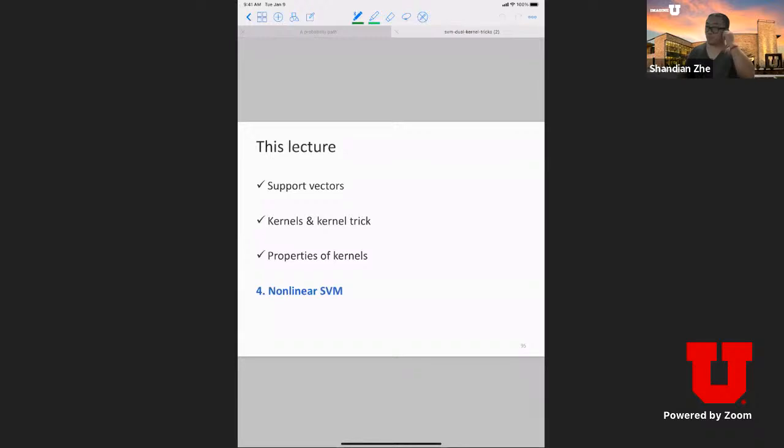Great. So now we finally arrive at the exciting step. We have talked many times about how we can extend support vector machines to the nonlinear case and make them very powerful. All the previous discussions were to prepare for this step. How can we combine the dual form of support vector machines and the kernel trick to easily extend SVM to the nonlinear classification case?